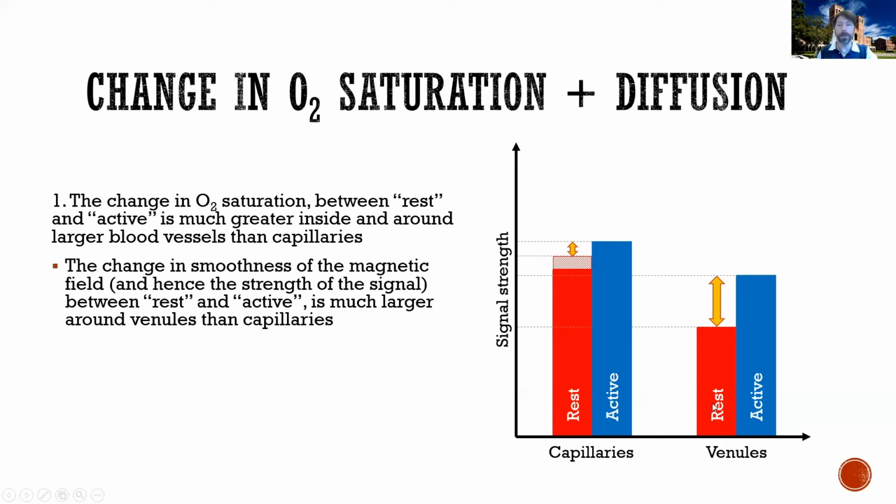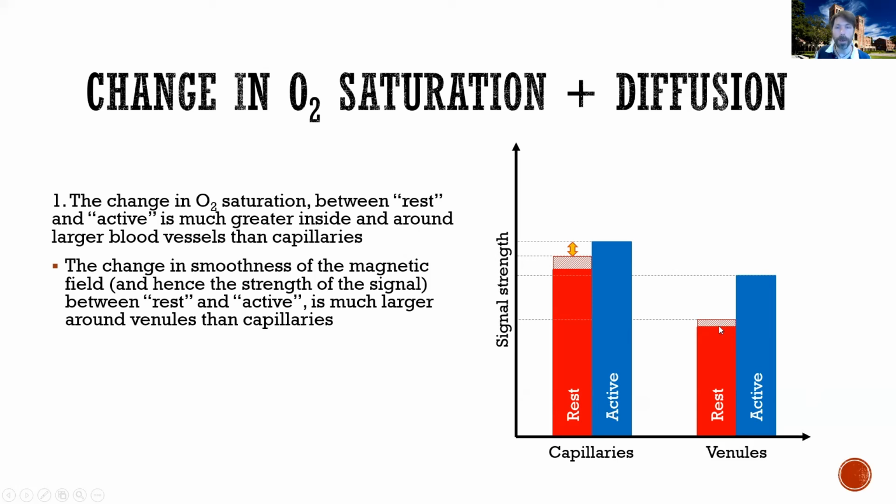Now let's look at what happens around the venule. So we're right here, right? This is the strength of the signal with no diffusion. Let's add diffusion into the equation. Well, as I said, diffusion doesn't affect the dephasing of protons around venules much. So it's only a small change.